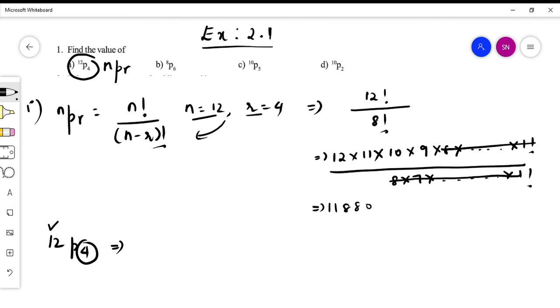Correct? So suffix is 4, so therefore this 12 is there, no? Start from 12, reduce it 4 times. So when I reduce it 4 times, 12, 11, 10, 9 will give you my final answer, 11,880. So both ways it is possible to find out the value for this.